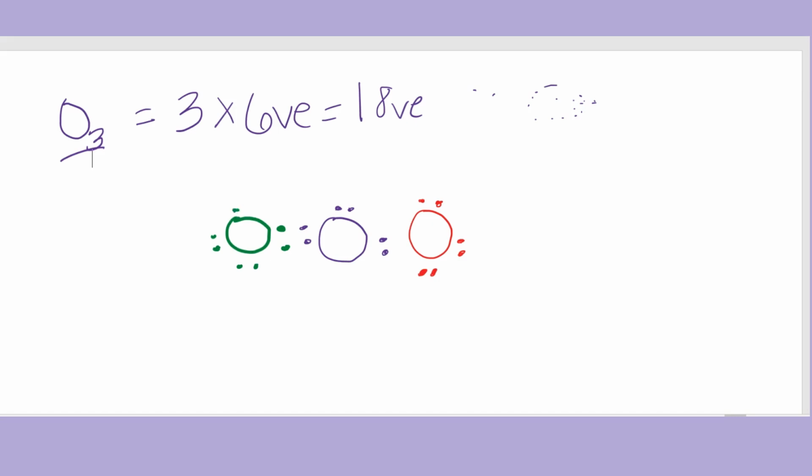Now you have 2, 4, 6, 8 around the green oxygen, 2, 4, 6, 8 around the purple, and the red still has 2, 4, 6, 8. So this completes your valence electrons. You can go back and add those dots up, 2, 4, 6, 8, 10, 12, 14, 16, and 18, and you should get the total number that you see right there.